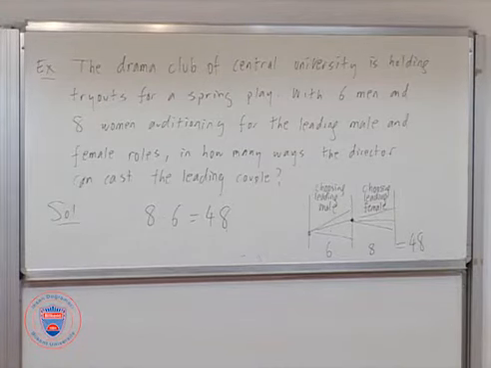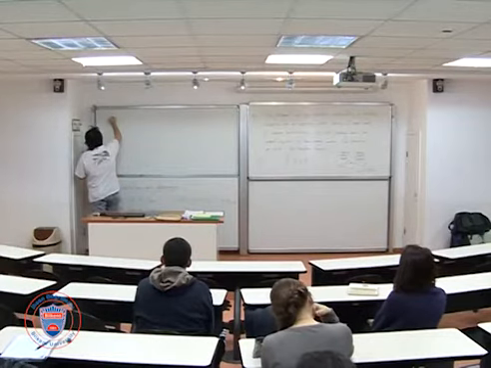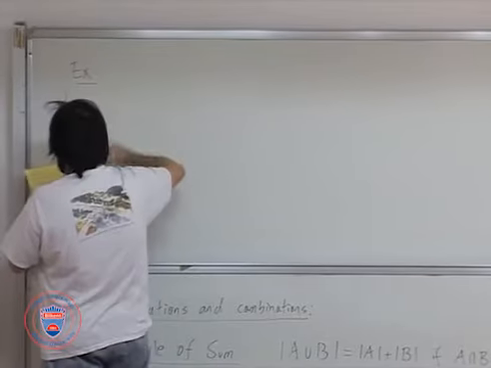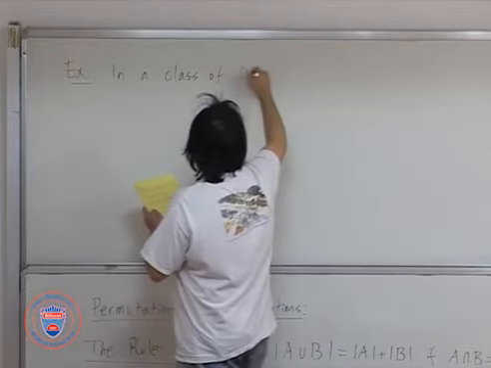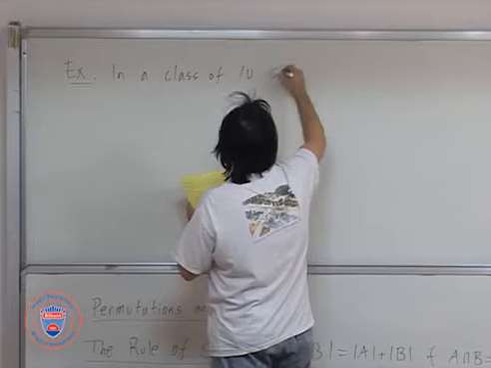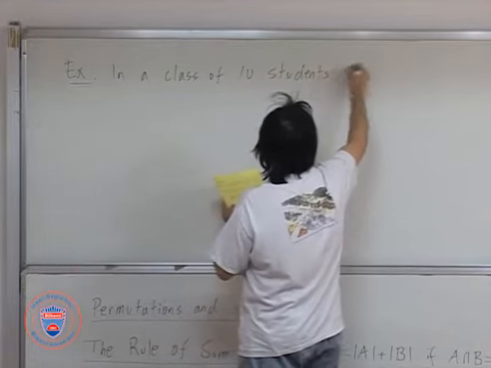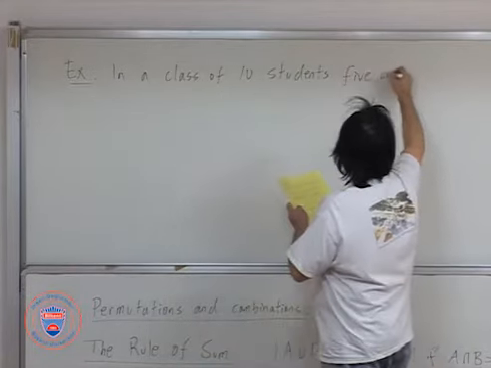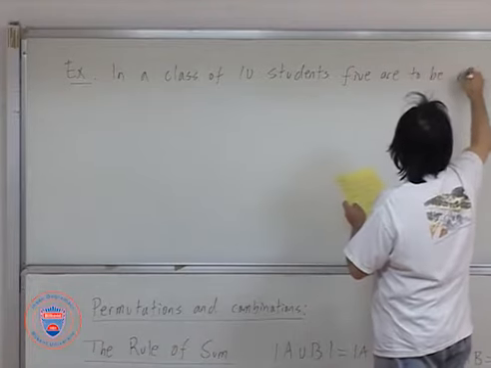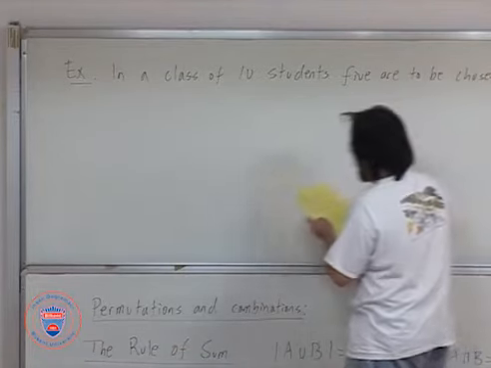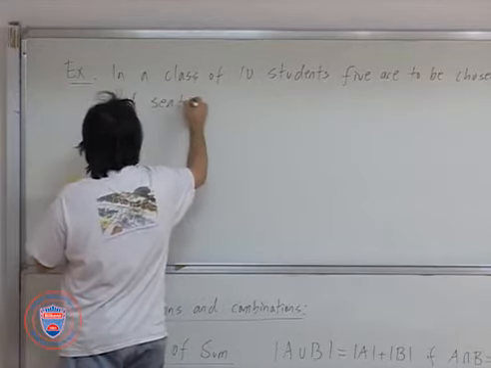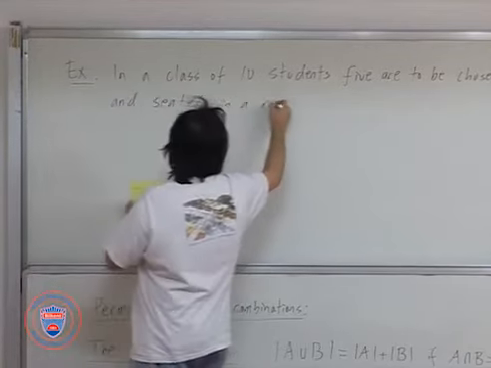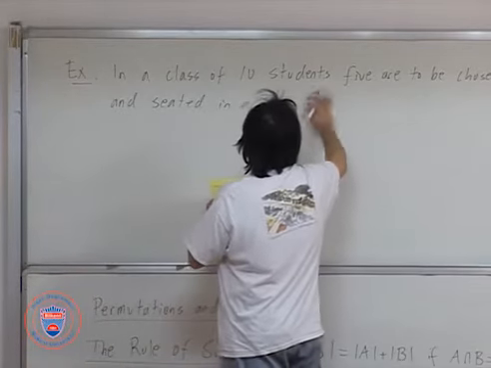So this is actually an example of permutation. In a class of 10 students, 5 are to be chosen and seated in a row for a picture.